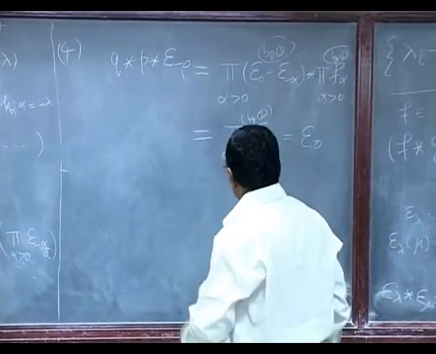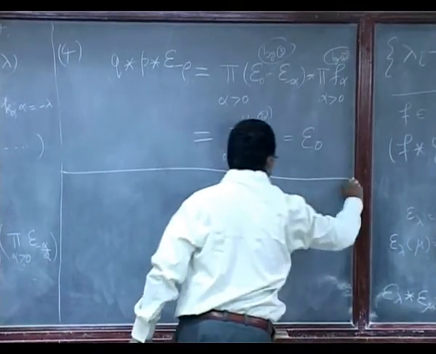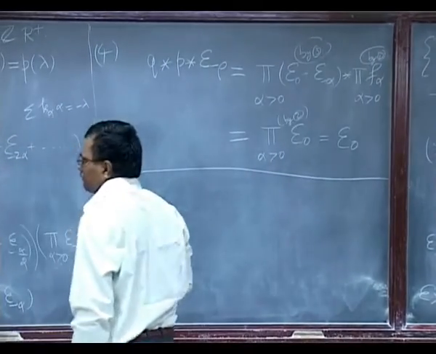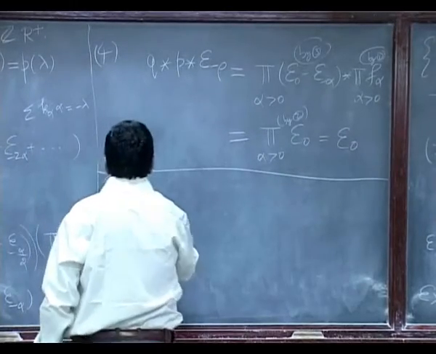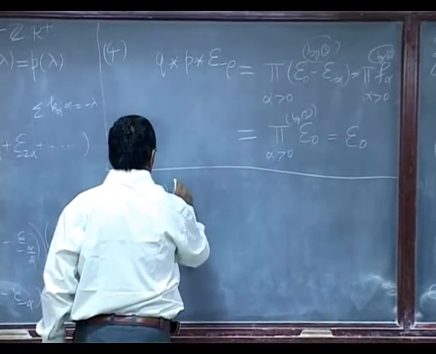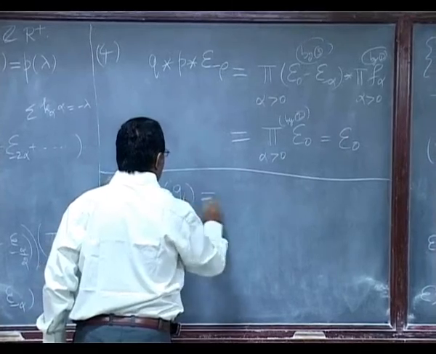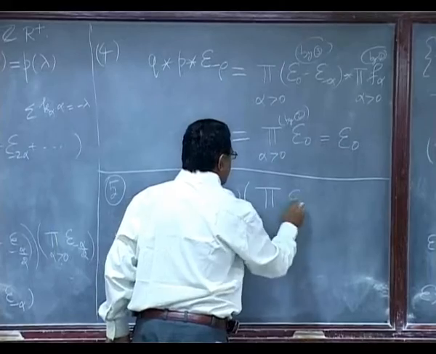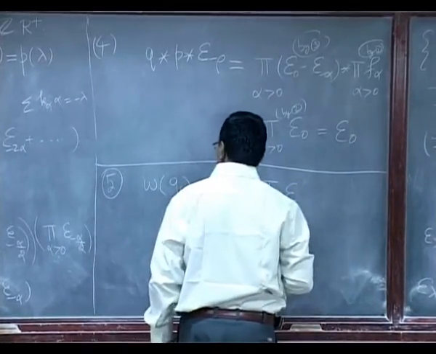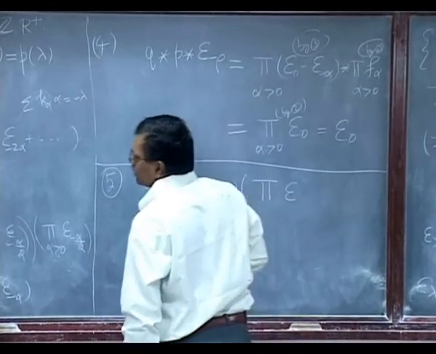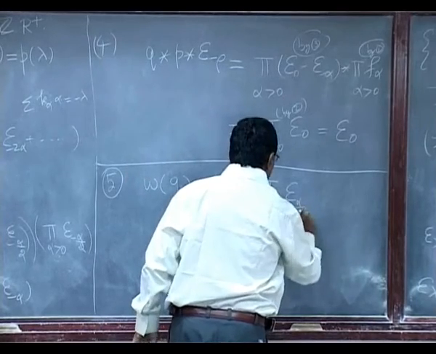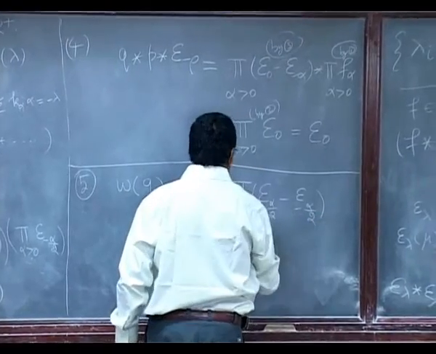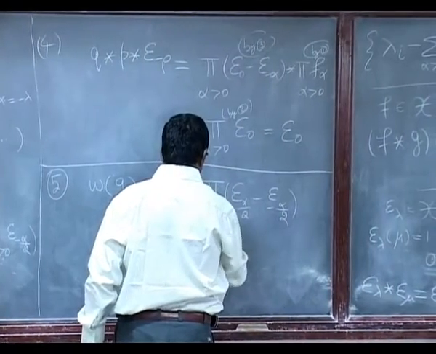Okay. Now, let us come to the fifth one. W of q equal to W of product of epsilon q is alpha by 2 minus epsilon minus alpha by 2, alpha positive.